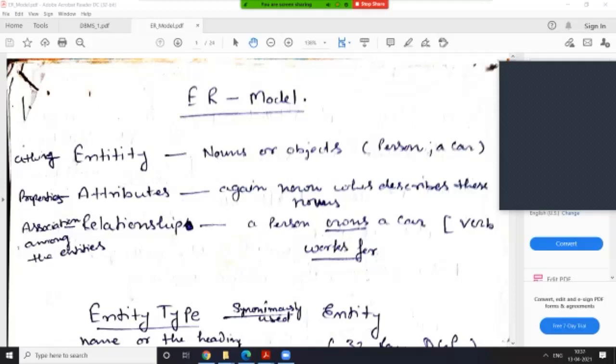So how will you identify an entity? Basically, the entity in an ER diagram is represented by a rectangle.